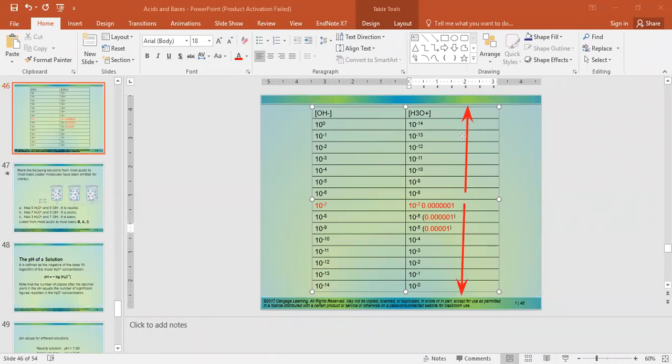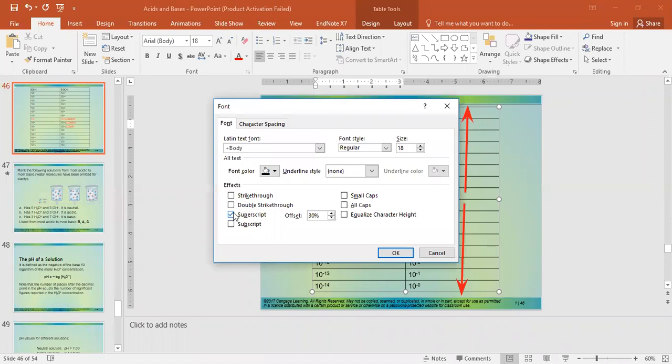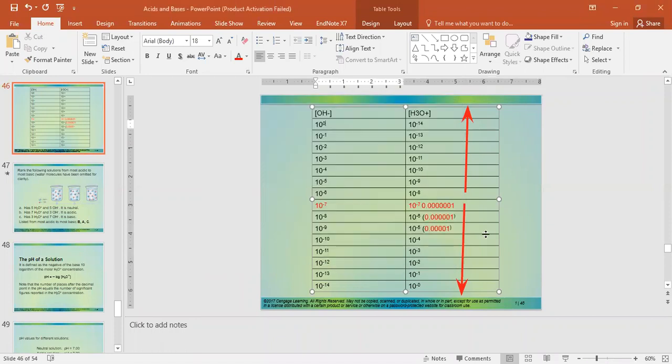Okay, let me explain. We are looking at the combination of the acid and the base here. Here the concentration of the base is 1 molar, because 10 to the power 0 is 1.